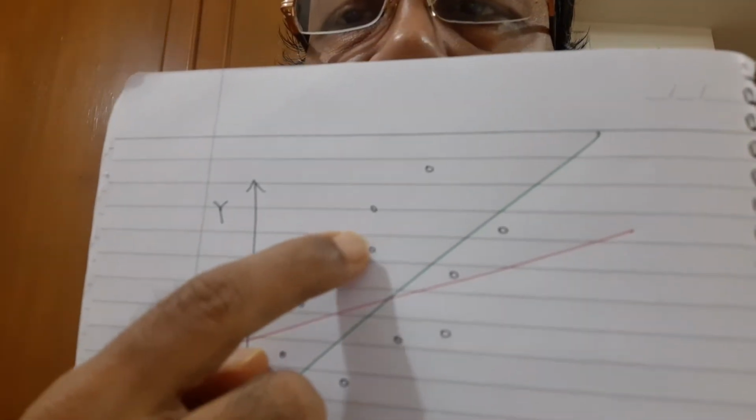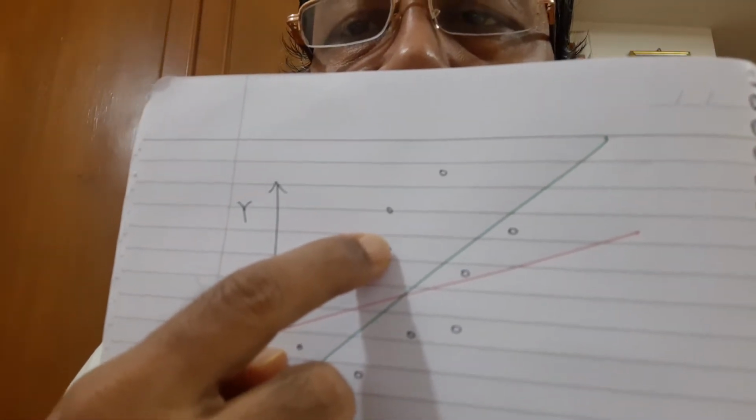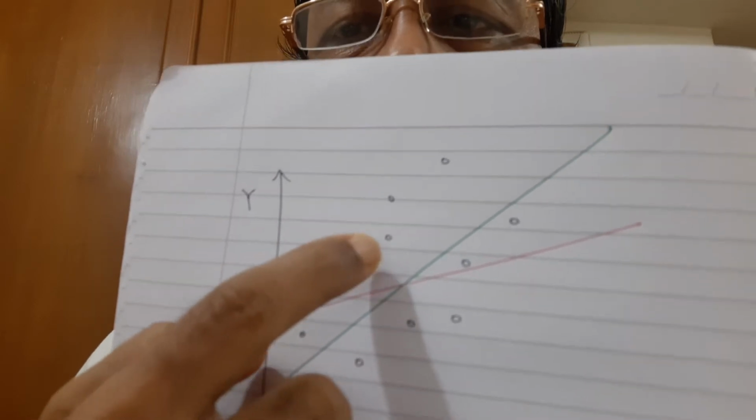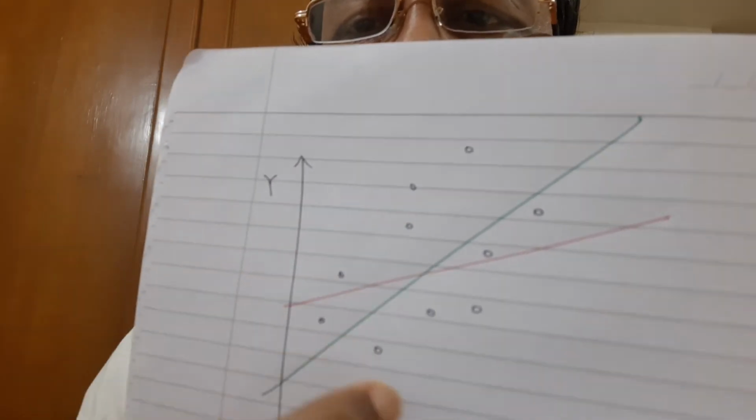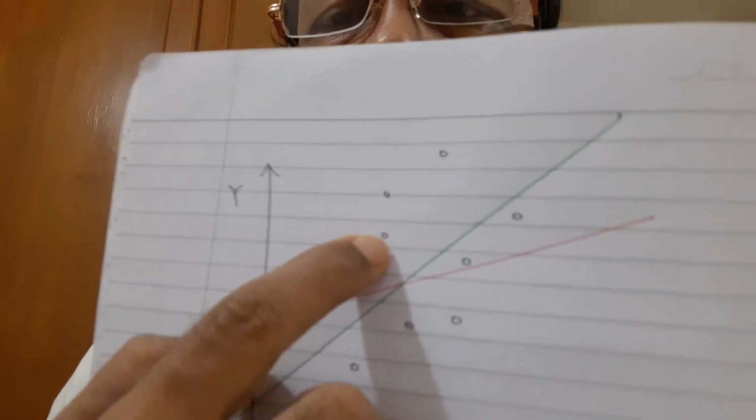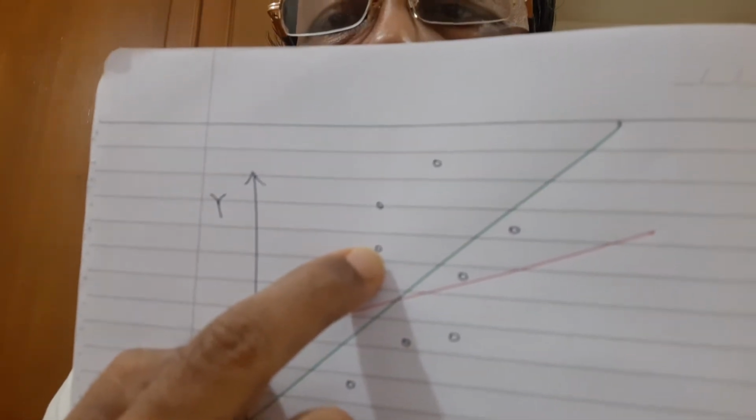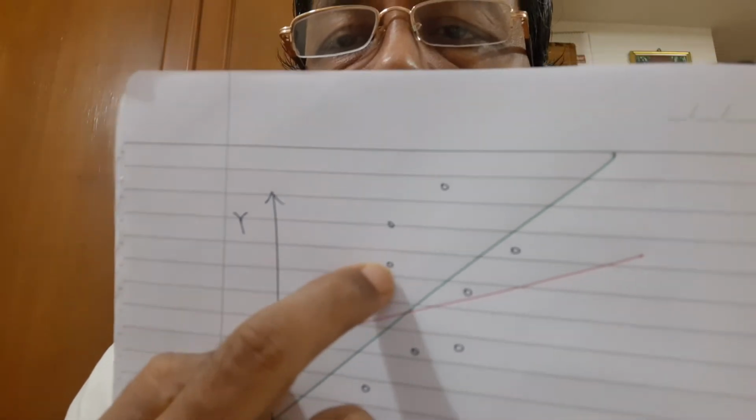So in OLS, what we try to do is minimize the square of deviations of these observations of y. These are basically observations of x and y, which are coordinates. For example, if it is observation number 7, this corresponds to x7 and y7, the pair of x and y represented by this circle.